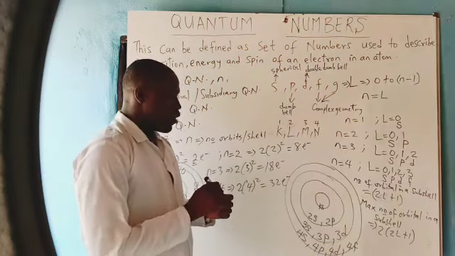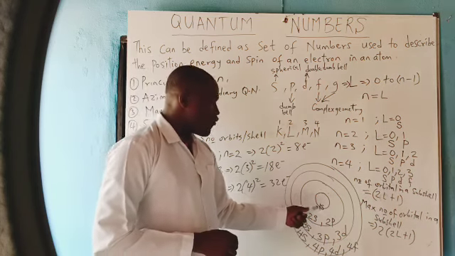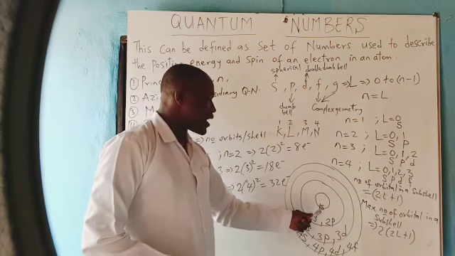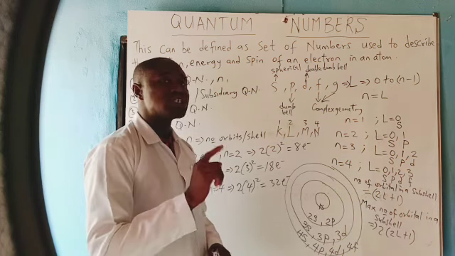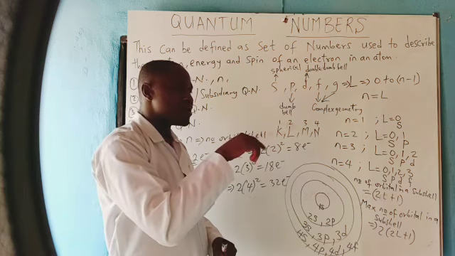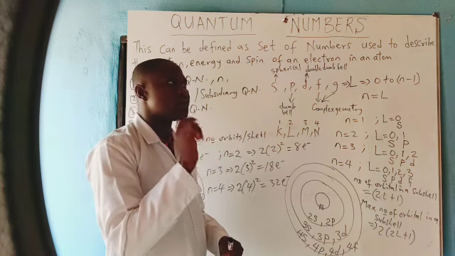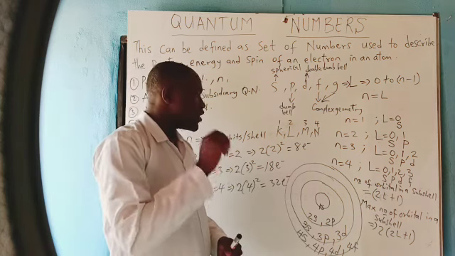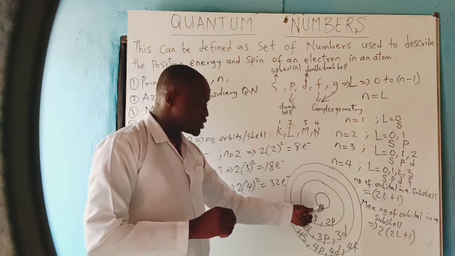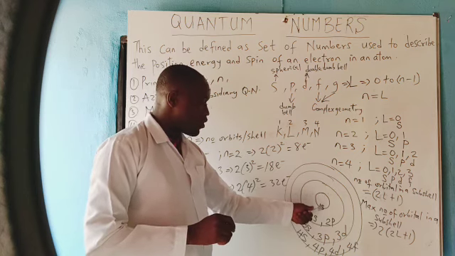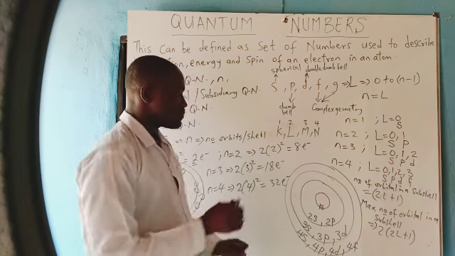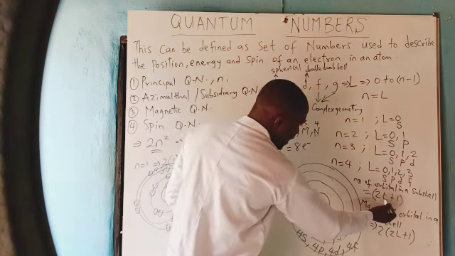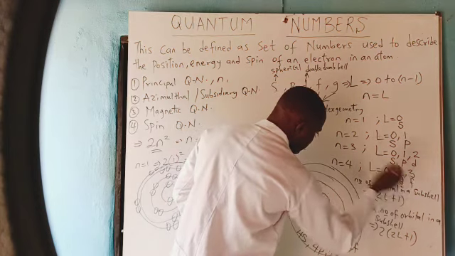Okay, look at what we mean. If we are talking about the first subshell 1s, the number of orbitals we have, which is used while writing the electron configuration of an element using Hund's rule: s has L equal to 0, so 2 times 0, 0 plus 1, is 1.